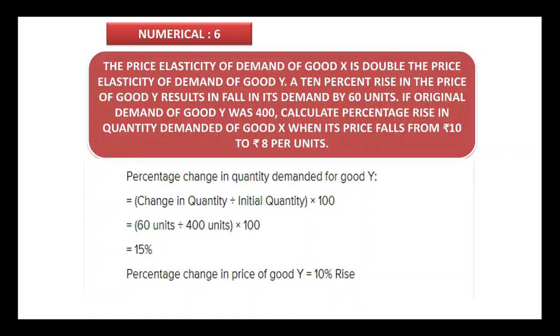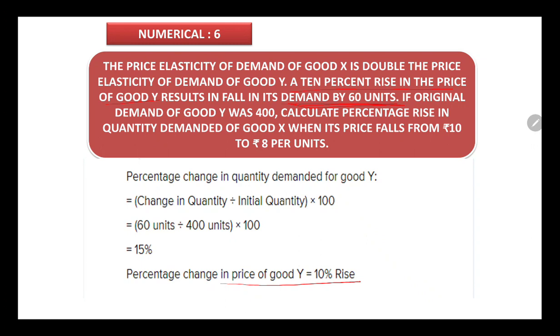So first, whatever values are given to you, you can put that down, and mostly it's given for your Y. So first we will calculate. We have already been given, over here, that demand falls by 60 units, right? And it also tells that there is a 10% rise in the price of good Y. So this is also given to you.